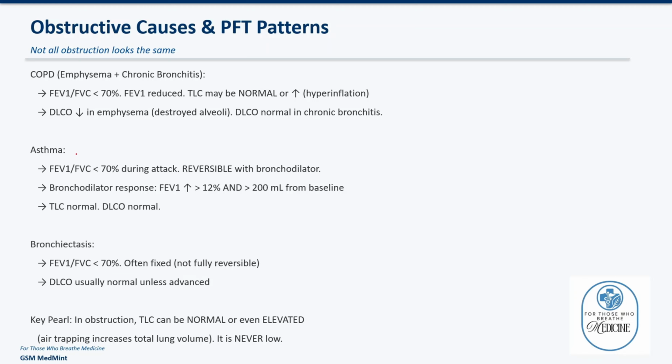The DLCO is low in emphysema because the alveoli are destroyed here, so the surface area is less for gas exchange, but DLCO is normal in chronic bronchitis. Why? Because the problem is the airways, not the alveoli. So chronic bronchitis, airway problem, and emphysema, the problem is the alveoli.